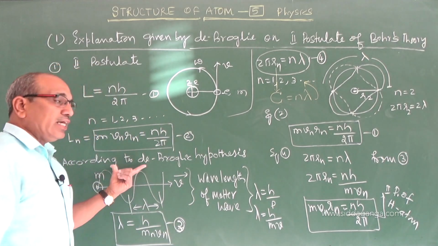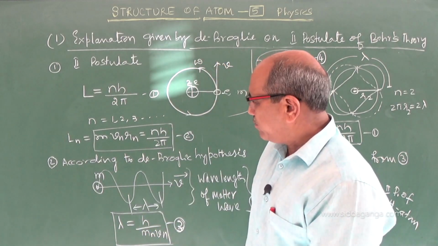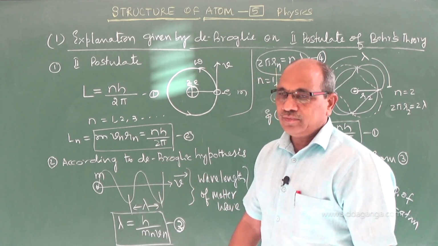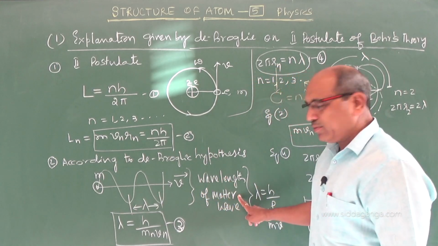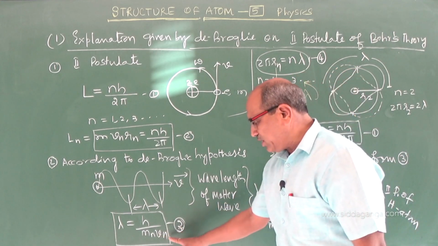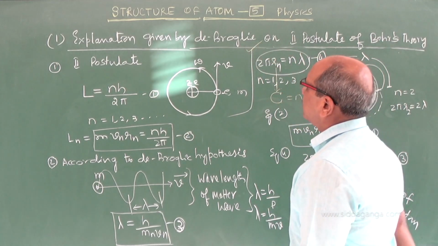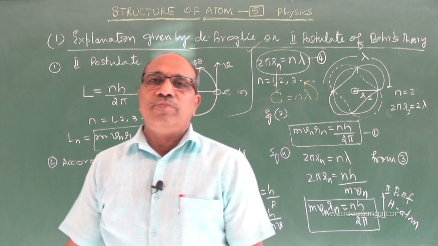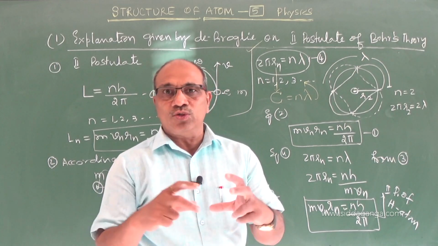De Broglie says the electron, while moving in the atom round the nucleus, is not just a particle; it can behave like a wave. This wave has a definite wavelength, called the matter wave. The wavelength of the matter wave is h upon p, or h upon mn vn in the nth orbit. De Broglie thought that a quantized, non-radiating orbit is possible if the circumference of the orbit is a closed one.